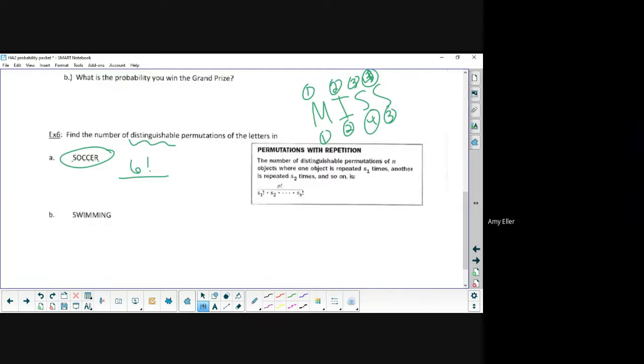So I have a letter here that's repeated twice. Since it's repeated twice, I put 2 factorial. If another letter was repeated twice, I put another 2 factorial. If a letter was repeated 3 times, I would put a 3 factorial in the bottom. However you want to calculate that, go ahead.